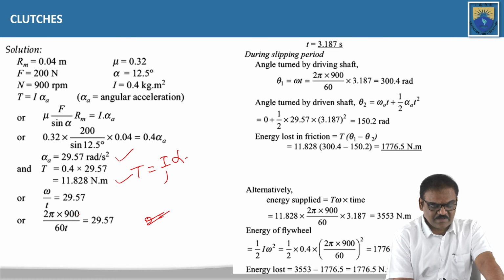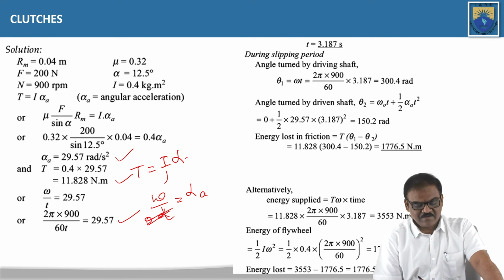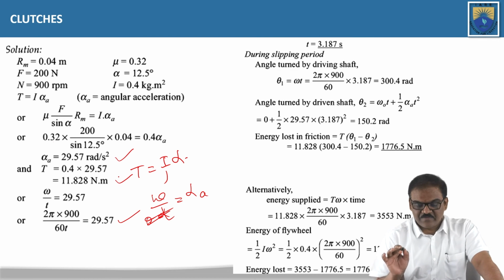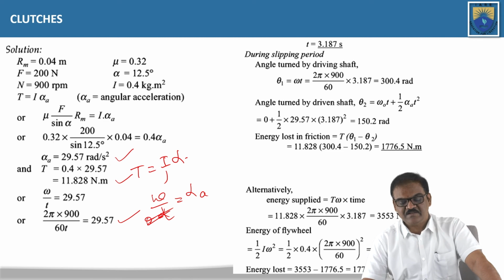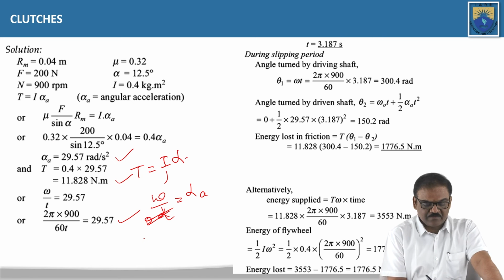Therefore, omega is equal to 2 pi n by 60 into time, that is equal to 29.57. Here omega by T is the angular acceleration, the rate of change of angular velocity with respect to time, that is nothing but omega by T, equal to 29.57, where omega is 2 pi n by 60 and time is what we have to determine, which gives that the acceleration is taking place within 3.187 seconds.